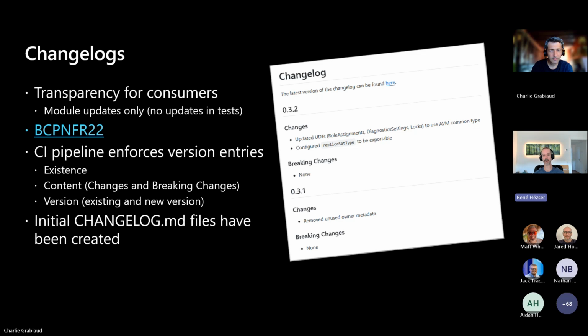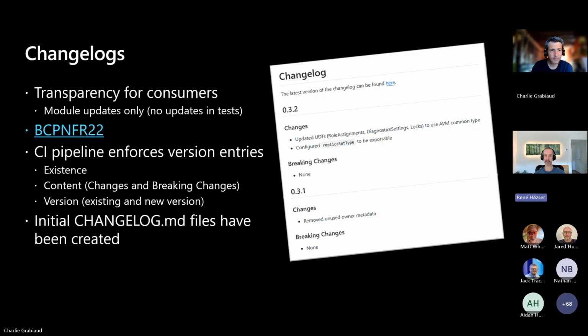For example, only module updates are really relevant for showing up here in the changes list. So if the module contributors or owners change something in the tests, that will most likely not show up in the changelogs because it's not really relevant for the usage.